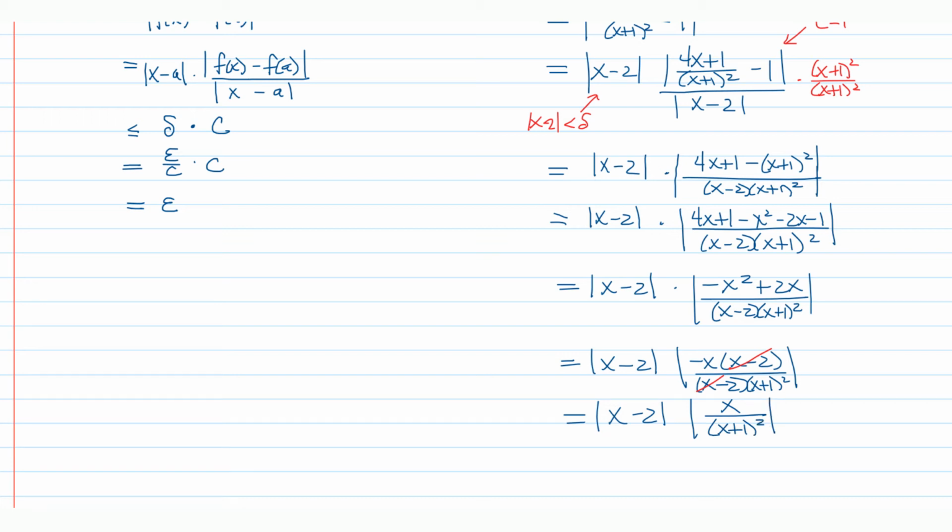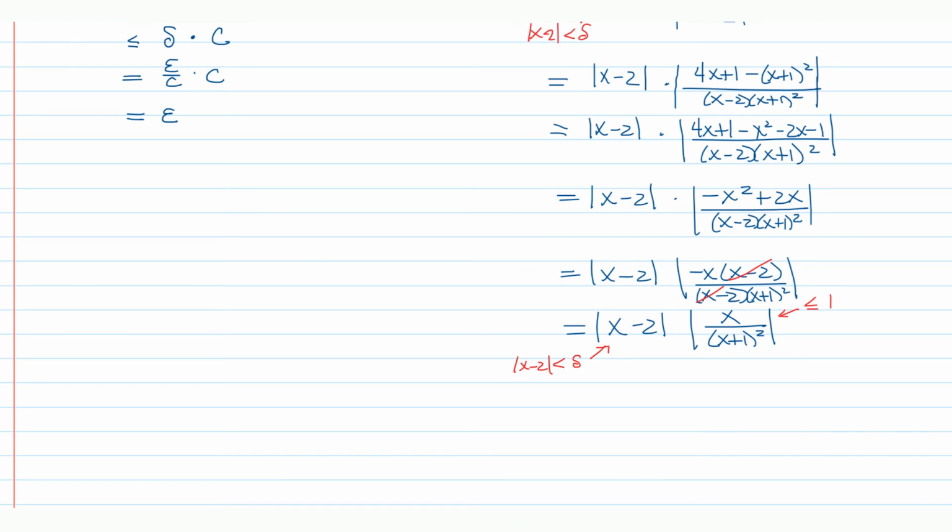Remember our goal. We want to get this expression to be less than epsilon, and we're going to do this by recognizing that we assumed that this guy is less than delta, and by showing that this guy is actually less than or equal to 1.